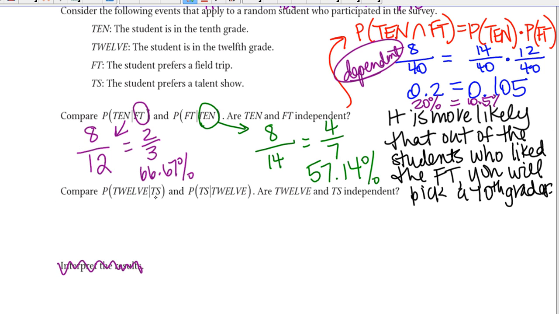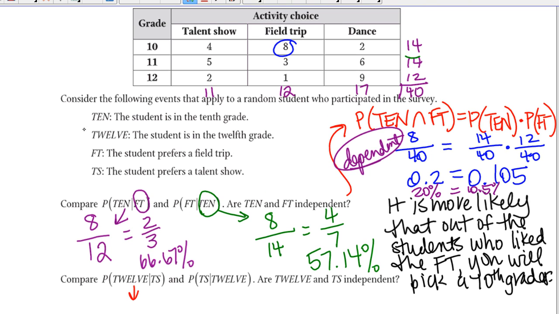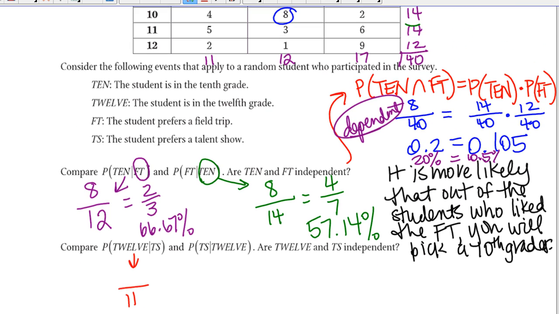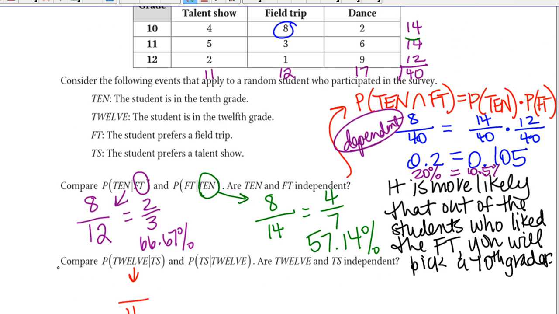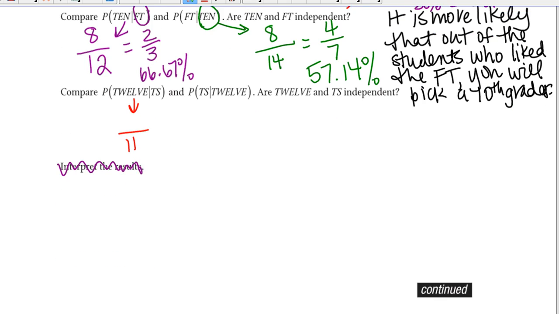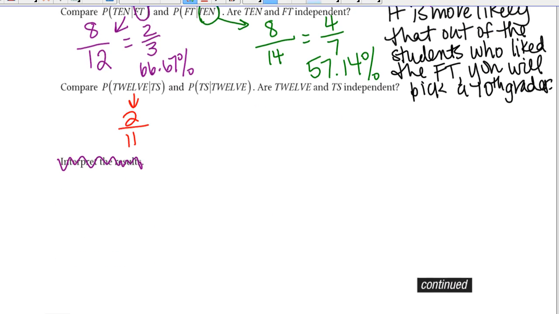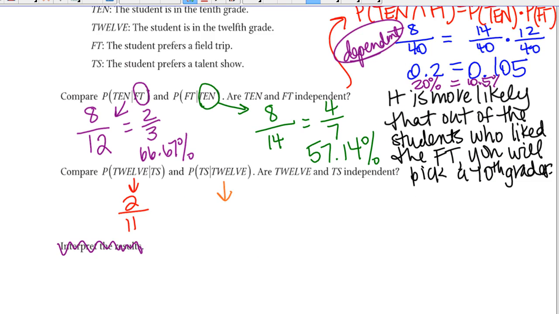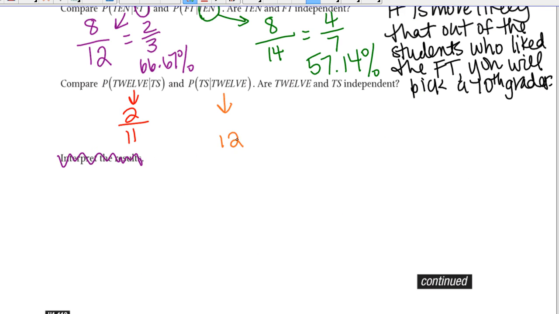So here, my sample space is going to be people who liked the talent show, which was 11 people total. Out of those 11, how many of them were 12th graders? Well, 2. Okay. For the next one, the probability of picking somebody who liked the talent show knowing it was a 12th grader, well, we have 12 12th graders, so that's my sample space.